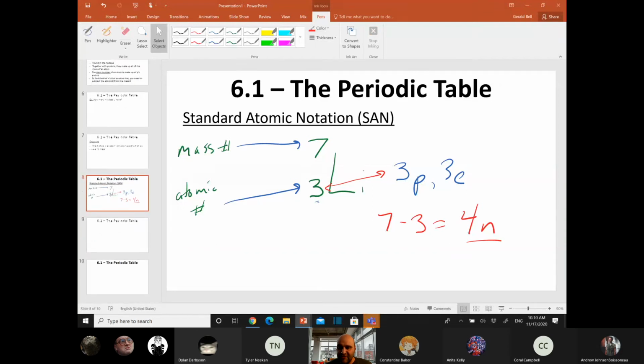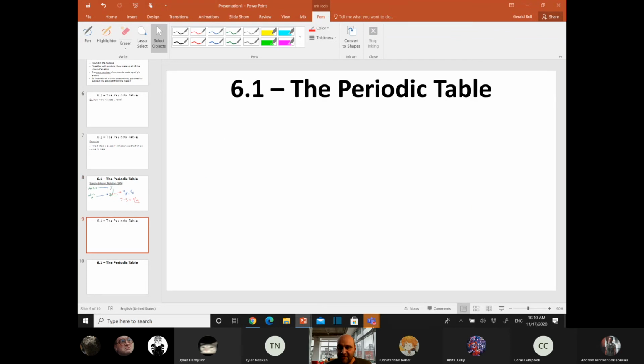Let's do the standard atomic notation of fluorine. Let's just put fluorine underneath here. You don't need to write anything more. So grab your periodic table and let's figure out which number on our table fluorine is. If somebody finds it, you can type it in the comment section. What number is fluorine on our periodic table?